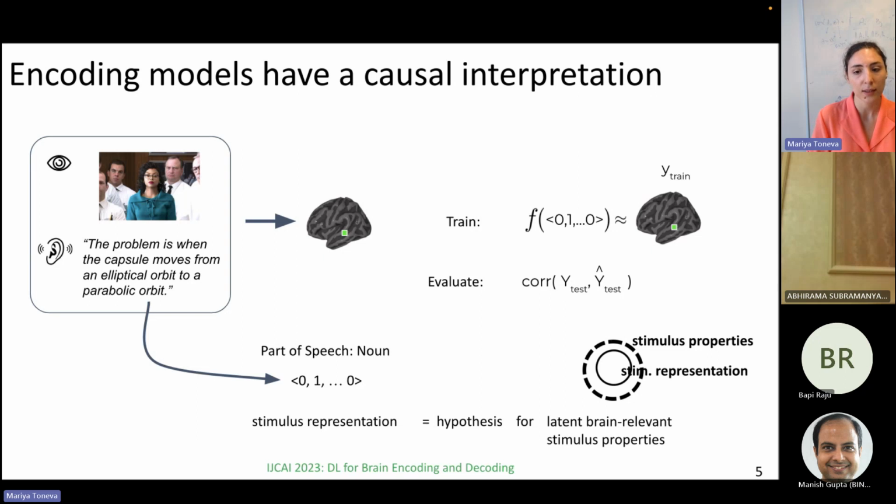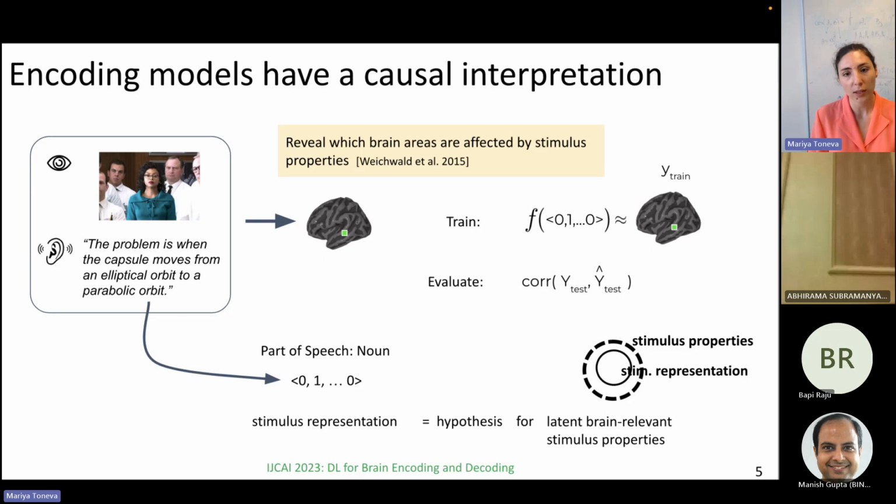That can tell us how well we actually did at predicting this brain response. So this function f is actually the encoding model. The weights of this function, and I'll tell you a little more about how we parameterize it and how we learn it later on in the presentation, but just at a high level, this function f is representing the encoding model.